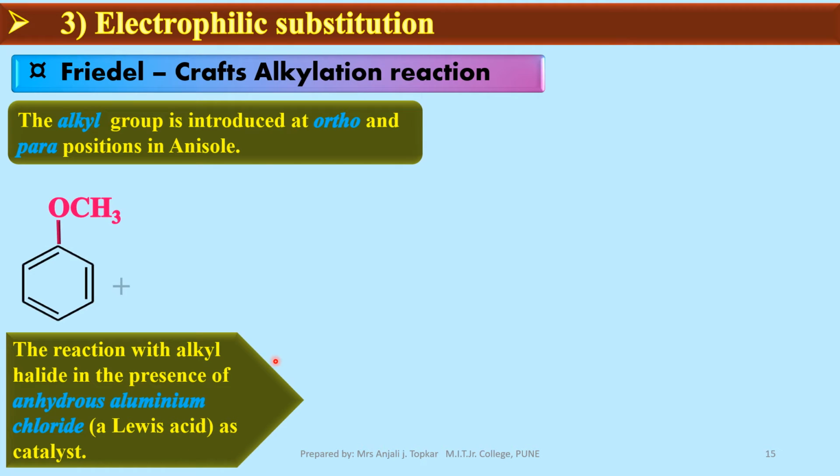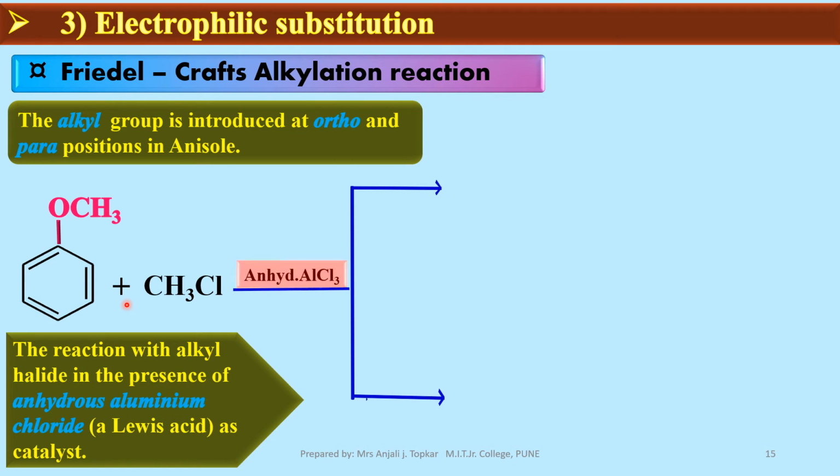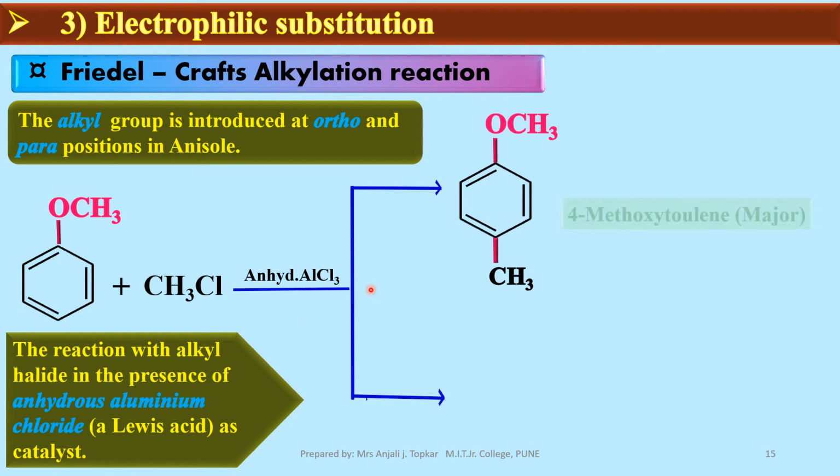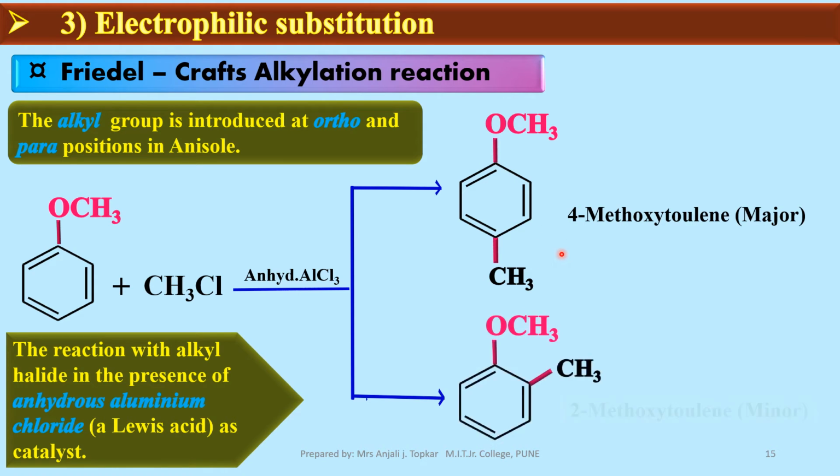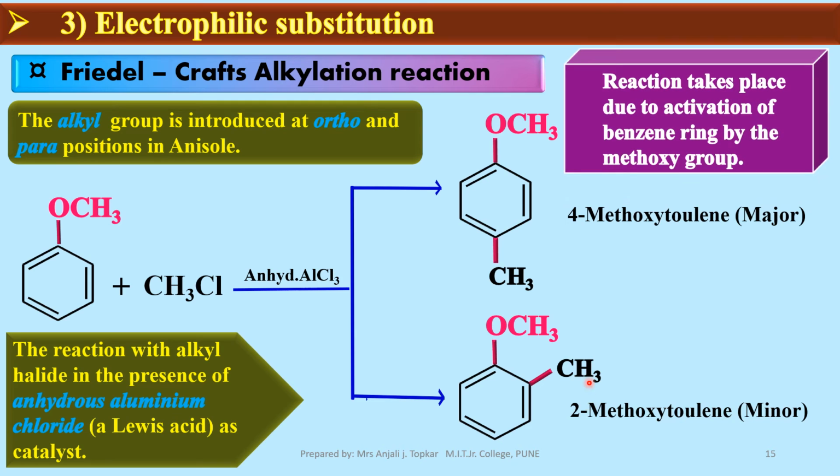This is anisole. When it is treated with alkyl halide in the presence of anhydrous AlCl3, formation of 4-methoxytoluene and 2-methoxytoluene is taking place. This reaction is taking place due to the activation of benzene ring by the methoxy group.